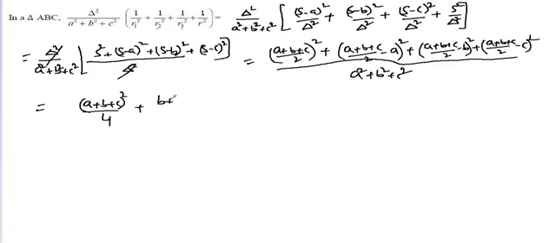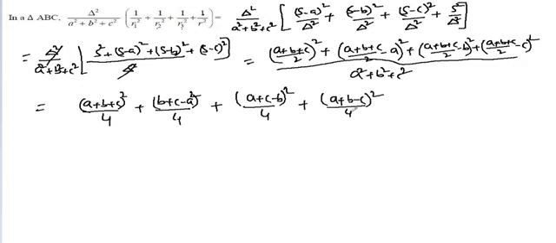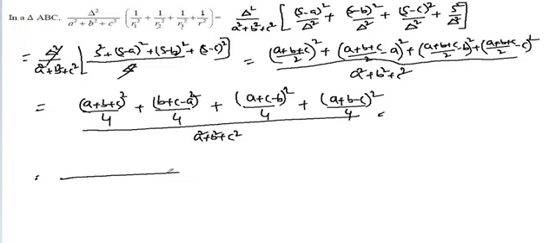Again, that is b plus c minus a whole square by 4 plus a plus c minus b whole square by 4, and a plus b minus c whole square by 4, whole by a plus b plus c whole square, that is a square plus b square plus c square. Here take LCM, that is 4 into a square plus b square plus c square.